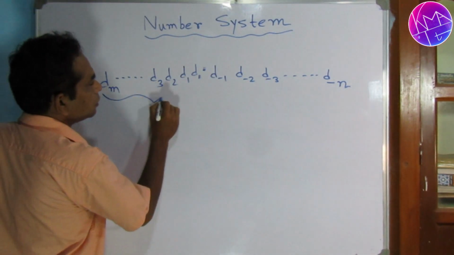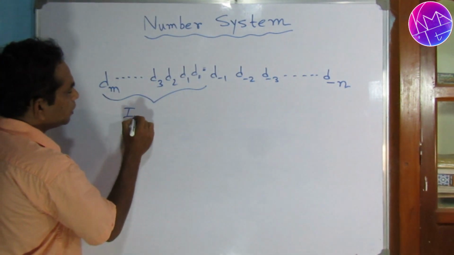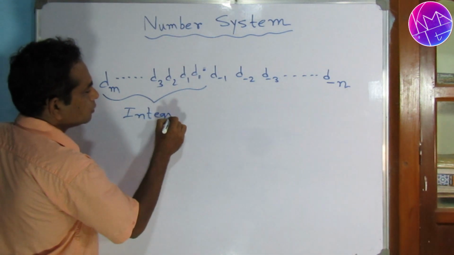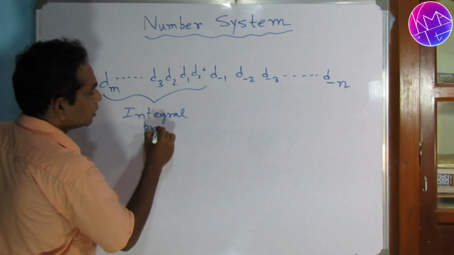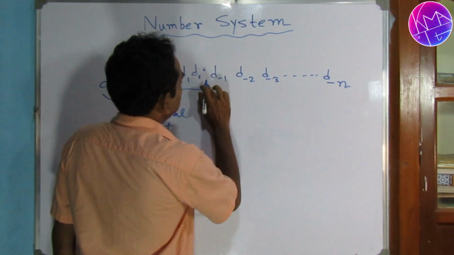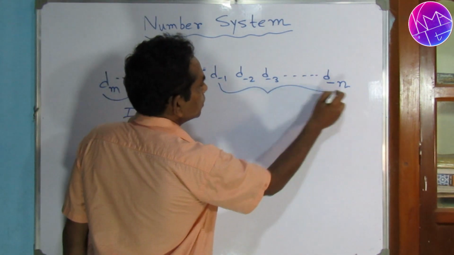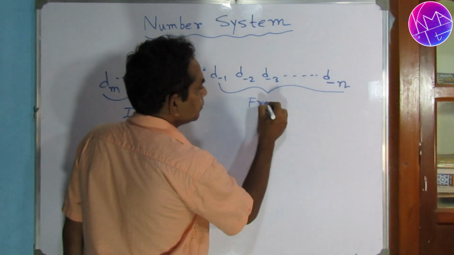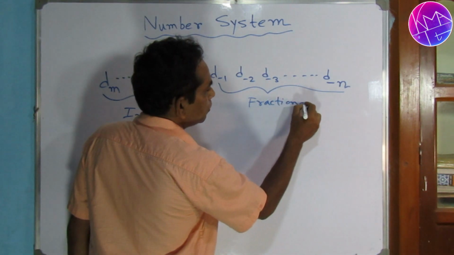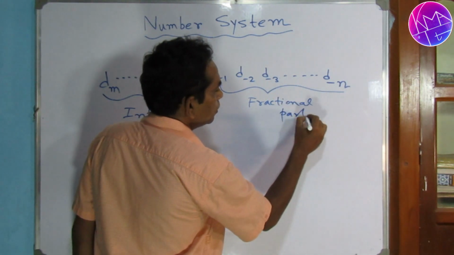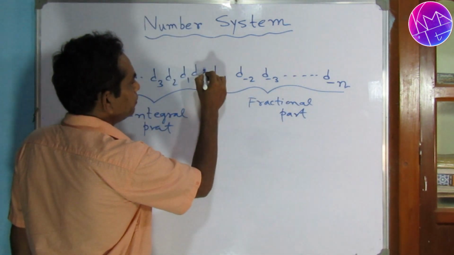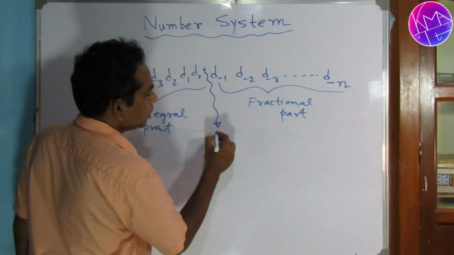This part is known as the integral part of the number. This part is known as the fractional part of the number, and obviously it's known as the decimal point.